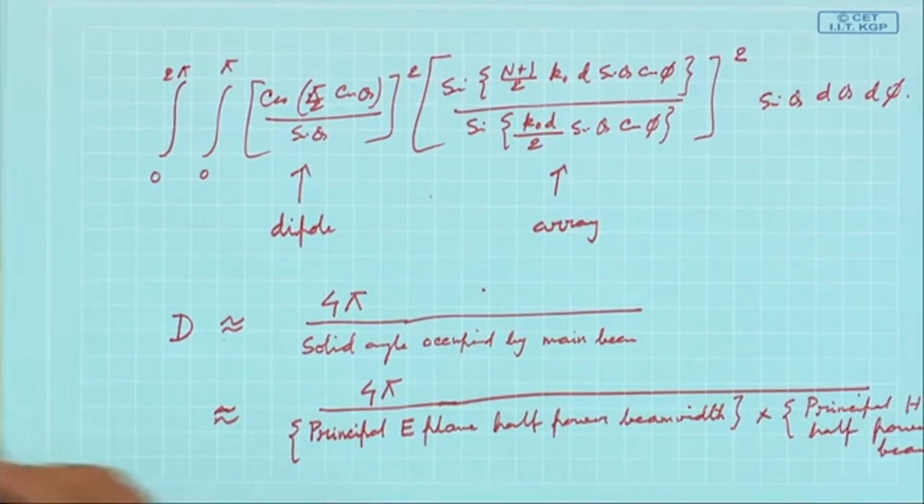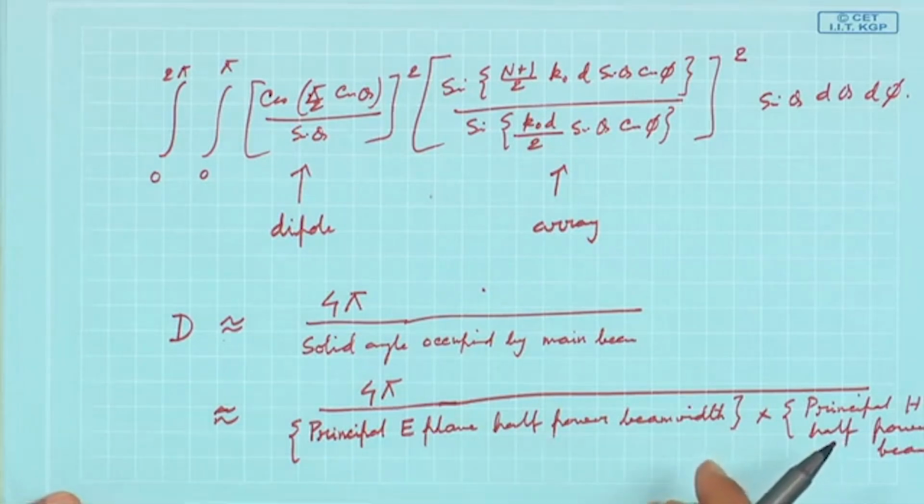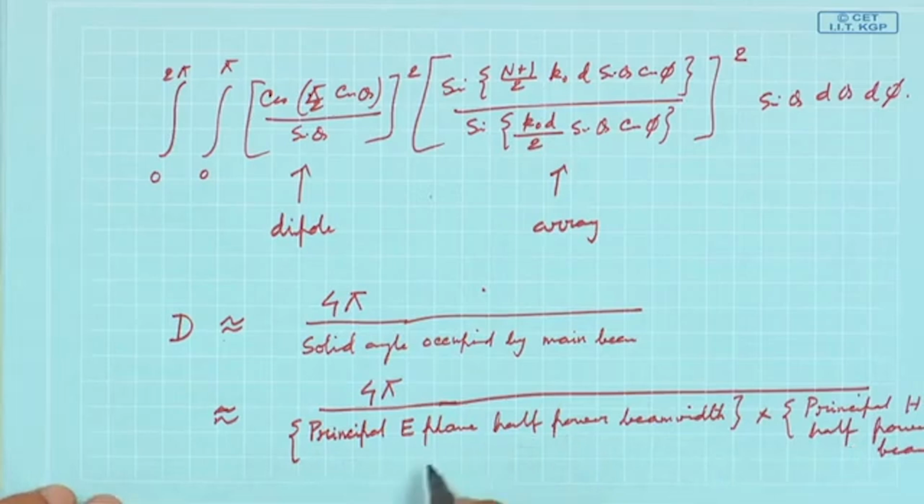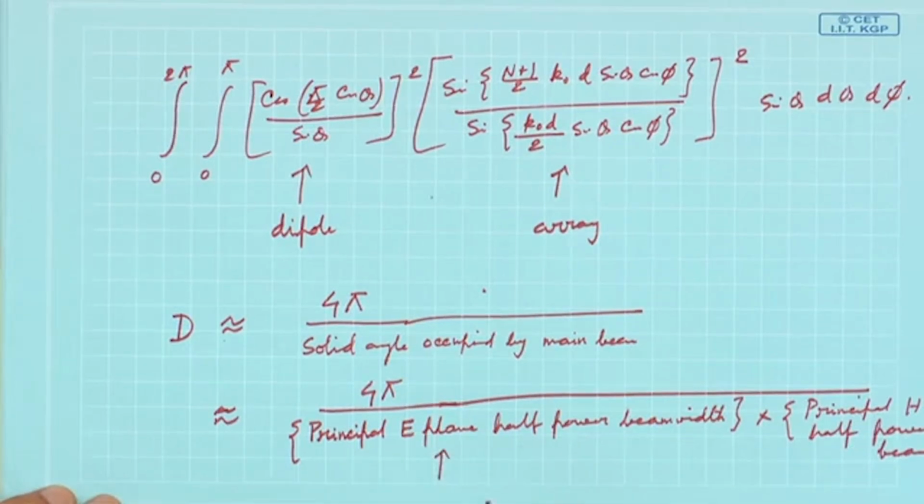Now, for the array we have shown approximately that the principal E plane half power beam width is the same as the dipole's principal E plane half power beam width. So, what is this value for the dipole?